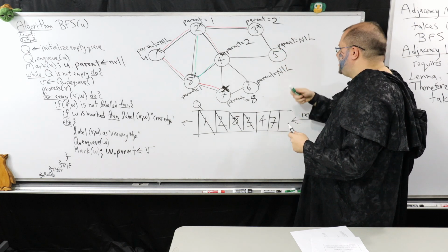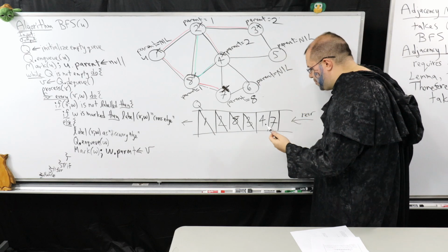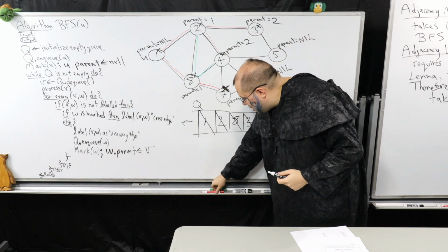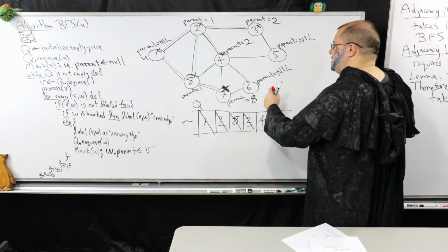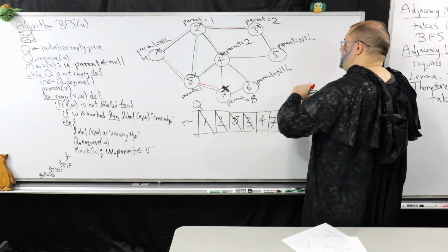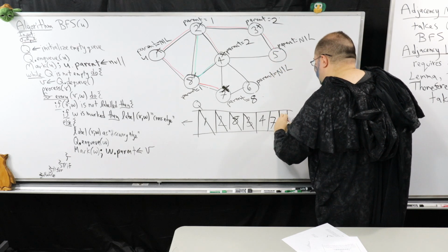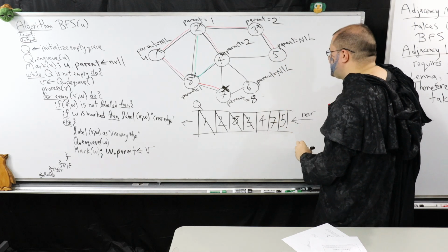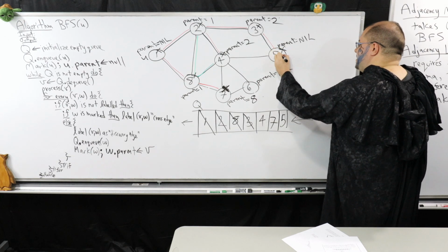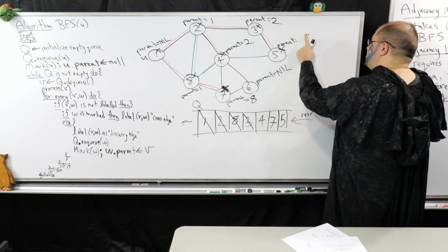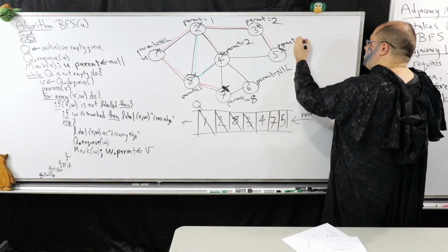Notice that this edge's opposing endpoint is in fact not marked. So I'm indeed going to need to label this edge as a discovery edge. I'm going to then enqueue 5 into my queue, mark this, and then quite simply assign its parent to be 3.